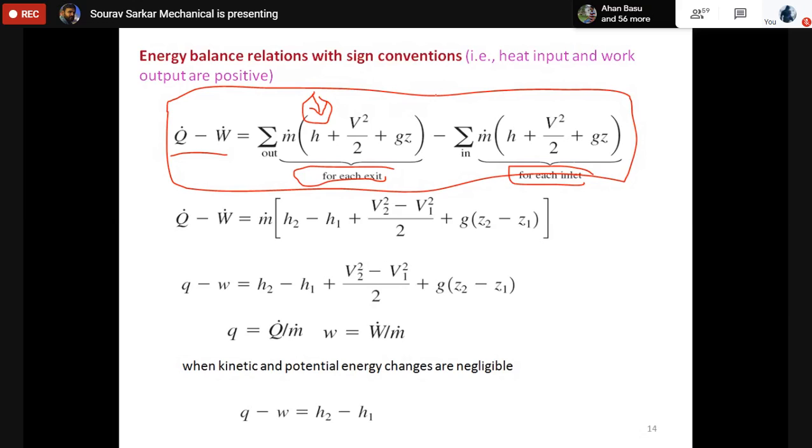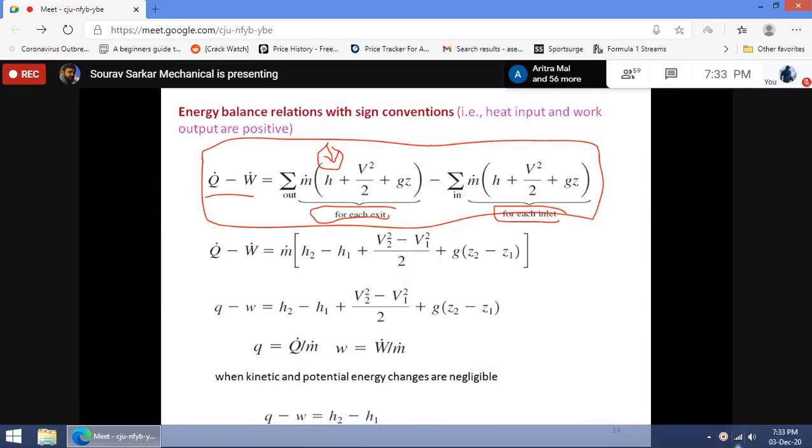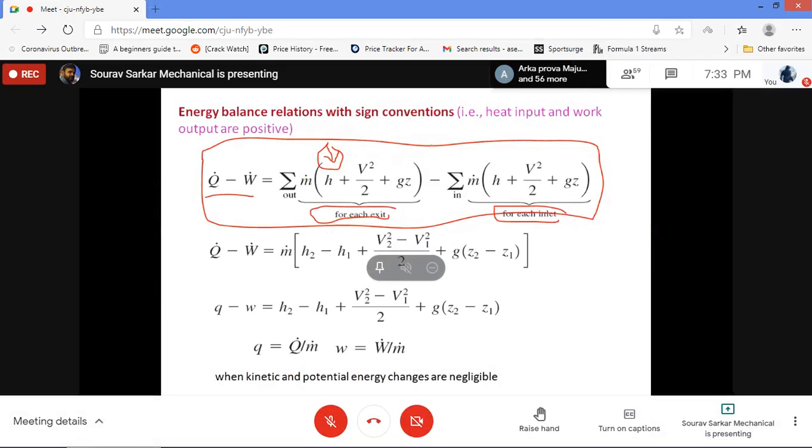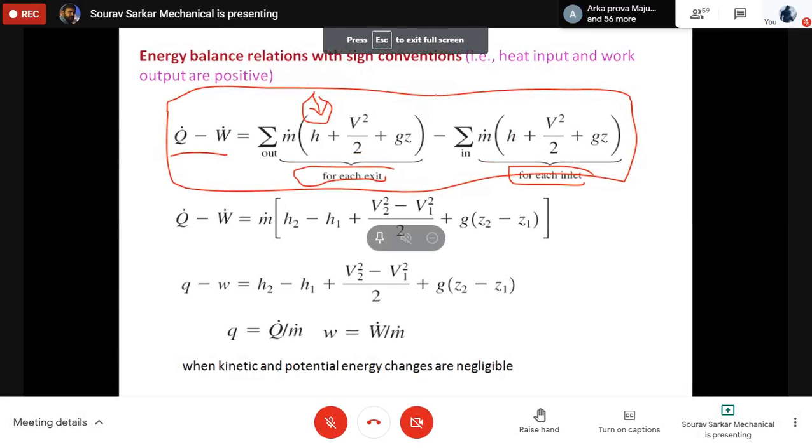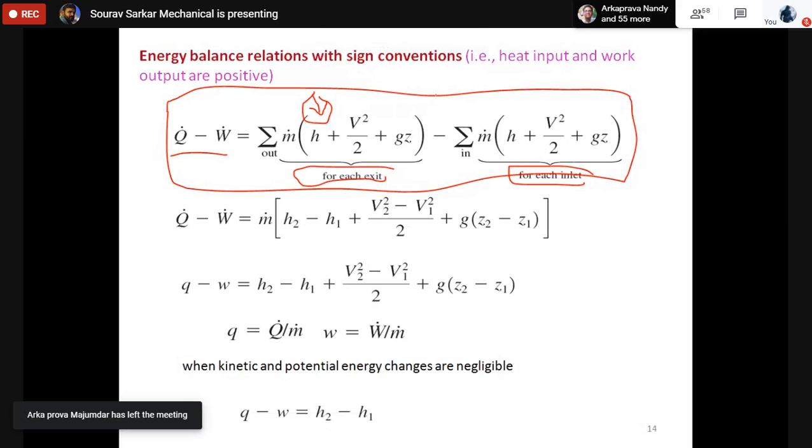Have you seen a similar equation anywhere? Bernoulli's equation. Does it look similar to this? Energy part is not there. So what I'm trying to say is, the Bernoulli equation is also a kind of energy conservation equation of a flowing system. Similarly, this equation is also the same for a flowing system.